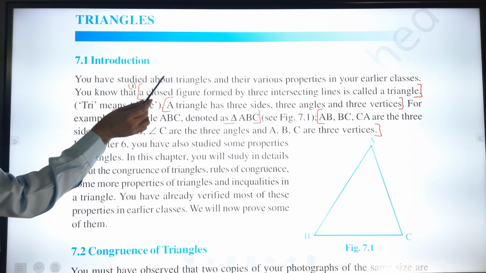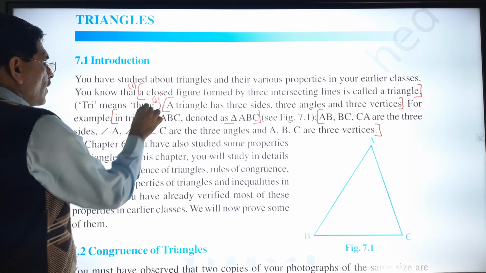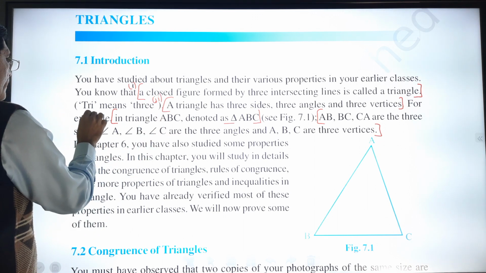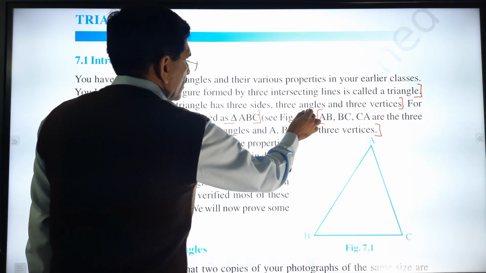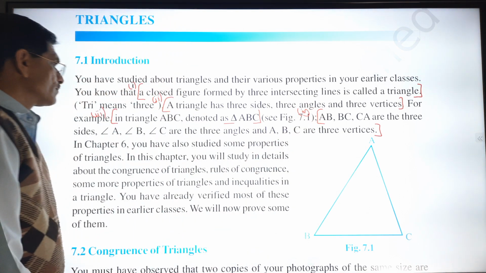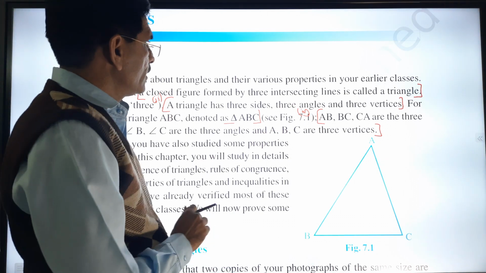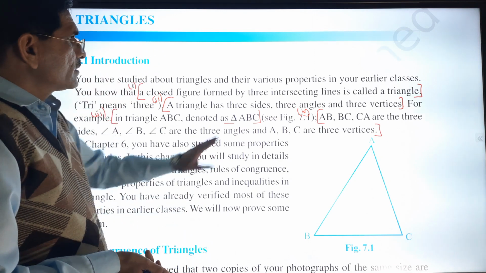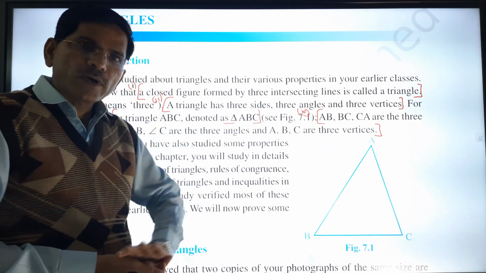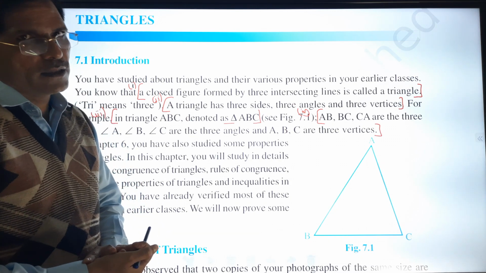Here is the second point, here the third point, here the fourth point. So you have to write 4 points, and the fifth point: someone asked how many parts a triangle has. 3 sides, 3 angles, 3 vertices, so it has 9 parts. Always remember.